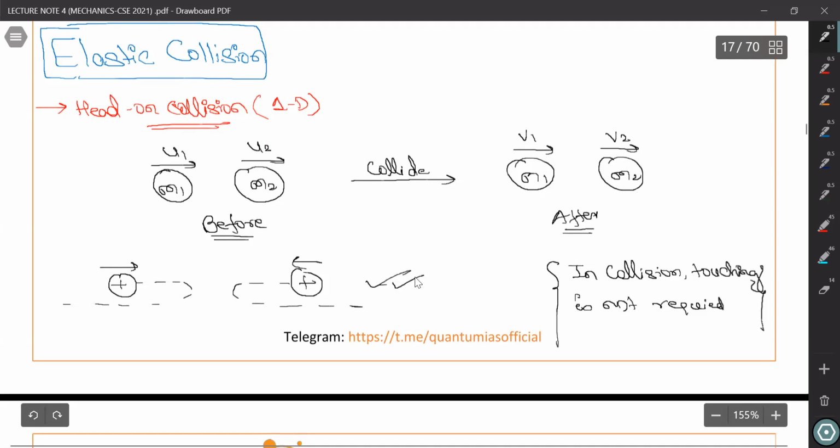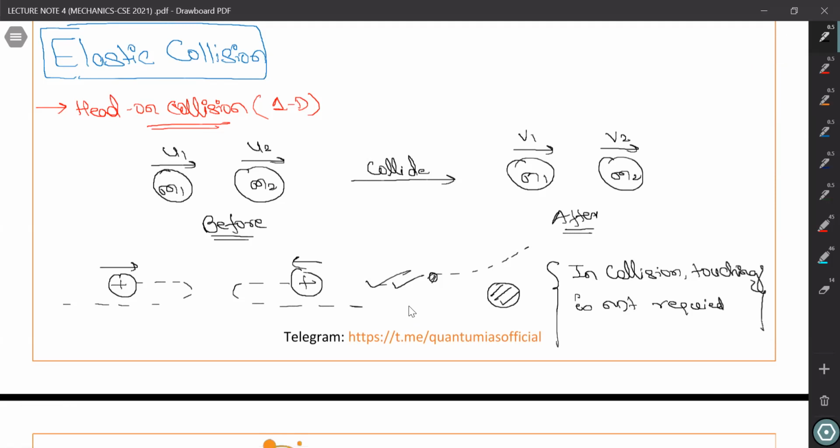It is also a type of collision, right? In case of Rutherford scattering, what happened? We have an atom here and we threw an alpha particle here, so they go like this. So this is also a type of collision. Just try to understand: in collision, what is important? Due to their mutual interaction, their momentum, velocity, or energy changes. They need not touch each other. Okay.